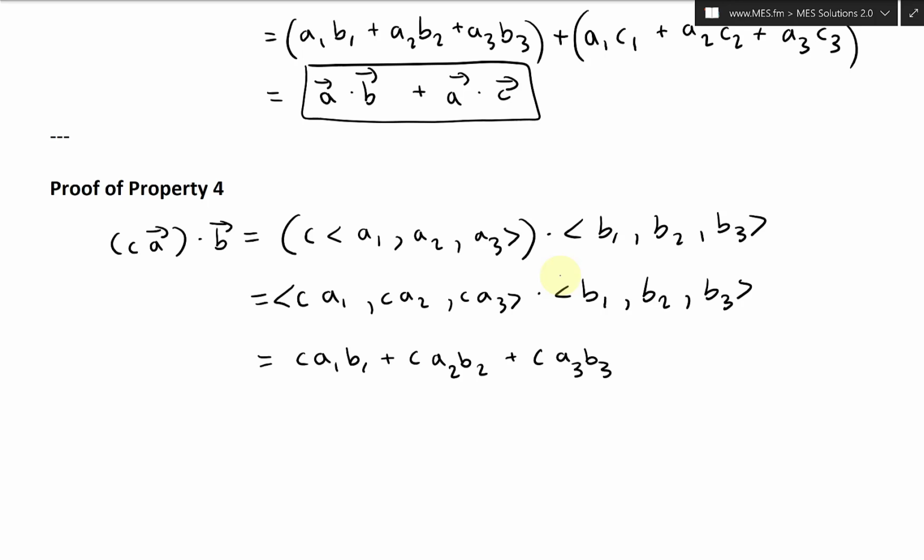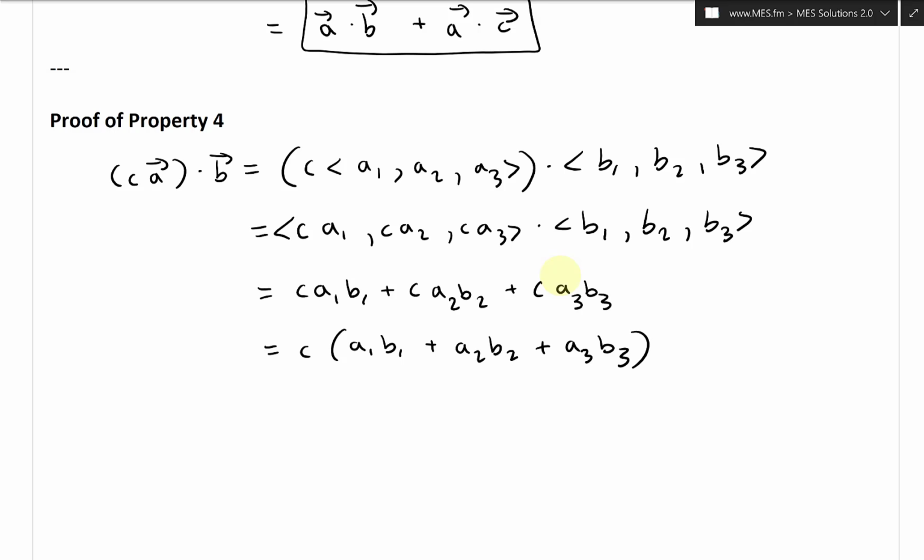Now we can factor out the c, and this equals c times (A1 B1 plus A2 B2 plus A3 B3). And this is the definition of the dot product for the A dot B vectors.